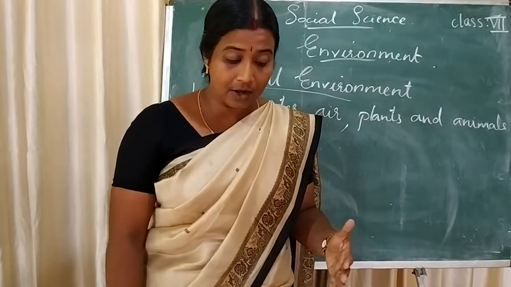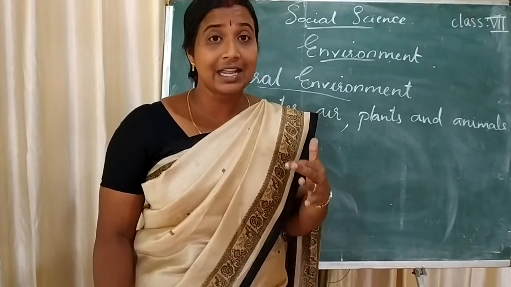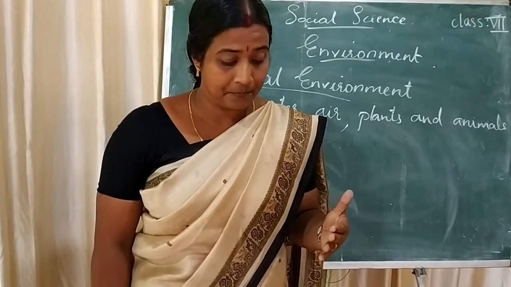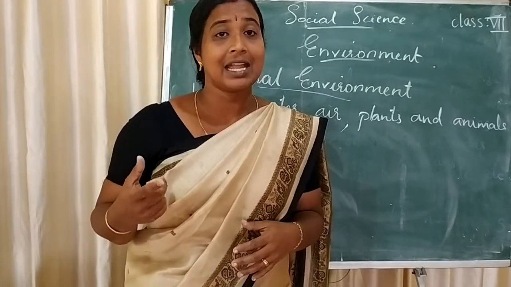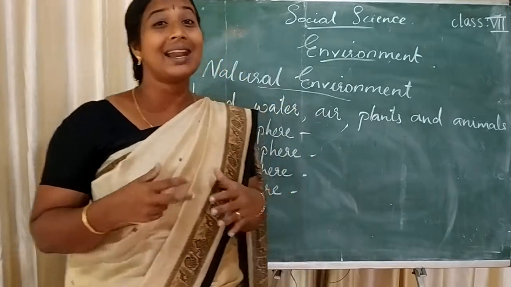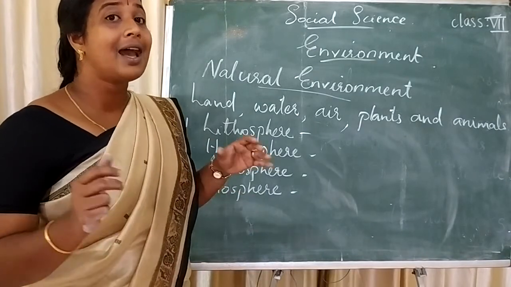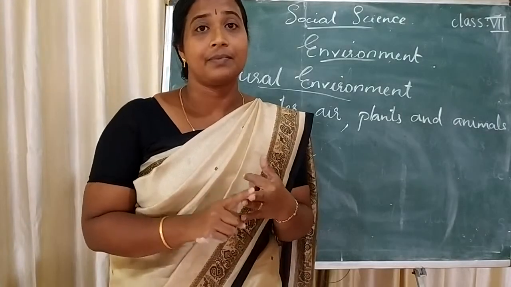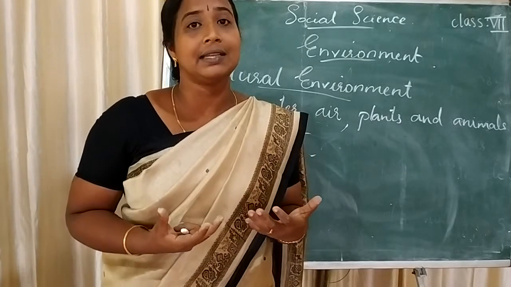It's a narrow zone of the earth where land, water and air interact with each other to support life. So, plant and animal kingdom together form biosphere, where land, water and air combine to make our life easier.